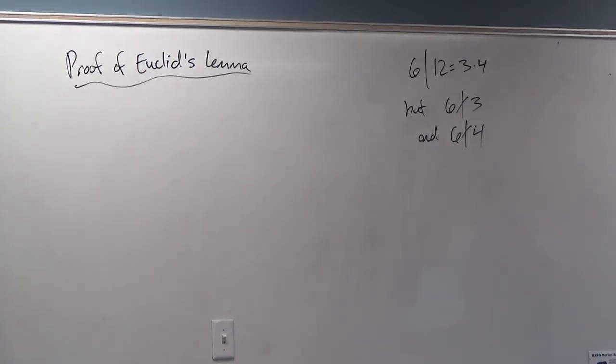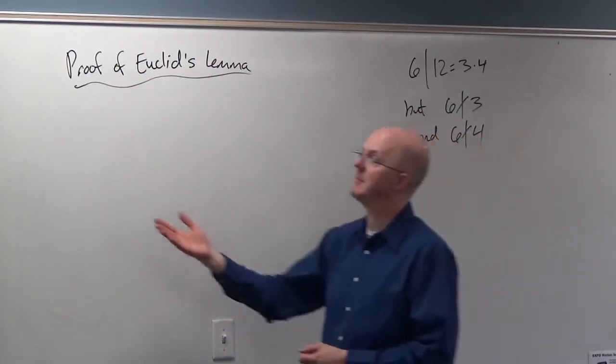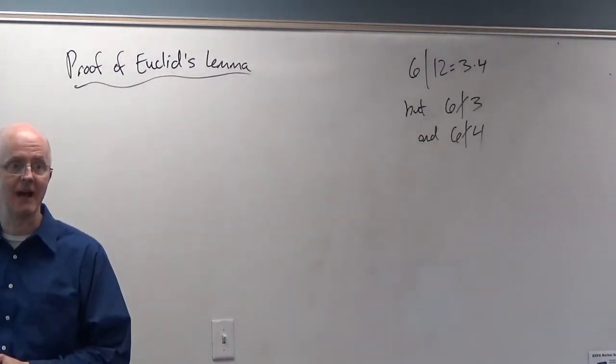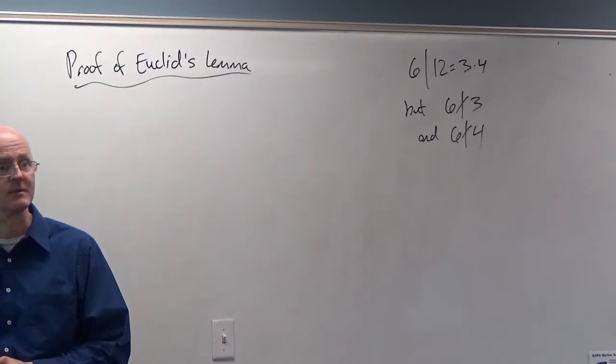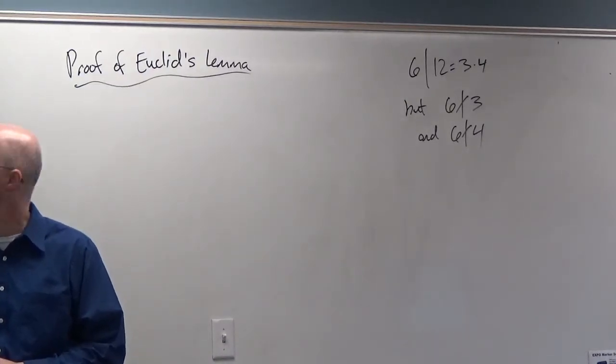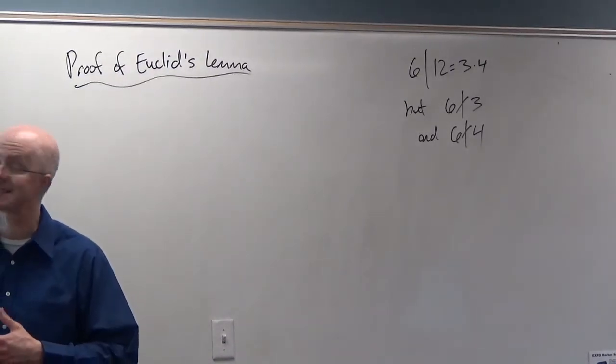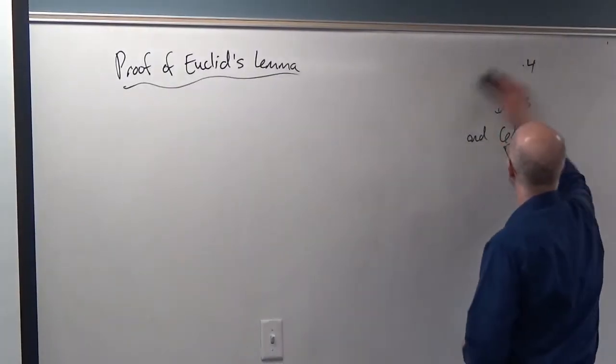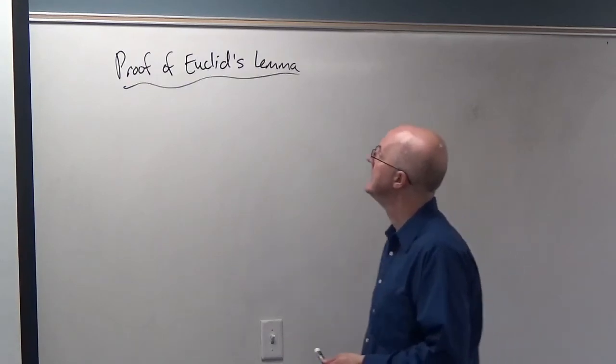So once again, that would be a counterexample to this statement if we did not assume P is prime. It's not a theorem or a lemma anymore. P being prime is essential to the truth of this, and we'll see how so, hopefully, here in the proof.